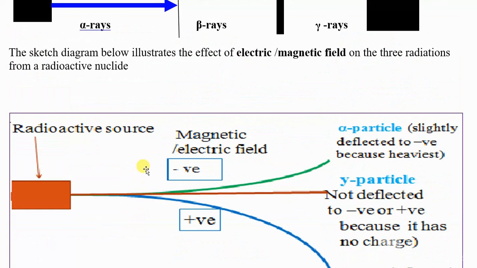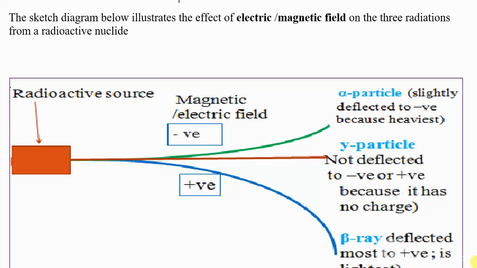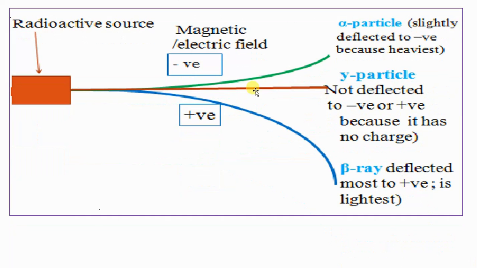In terms of deflection in an electric field, now you can comfortably say that this one with orange, whichever color it is, is the gamma, because it is not deflected to the negative or the positive because it has no charge.